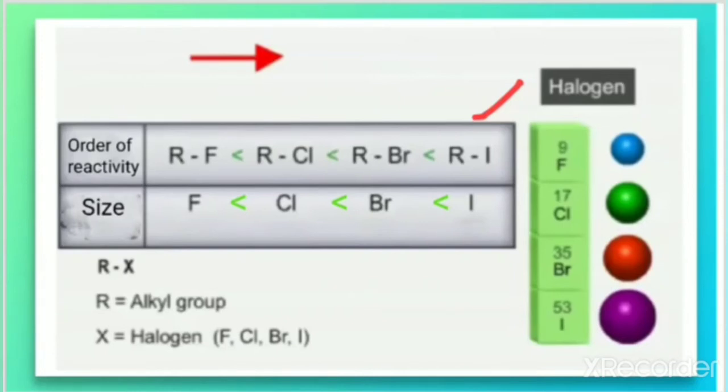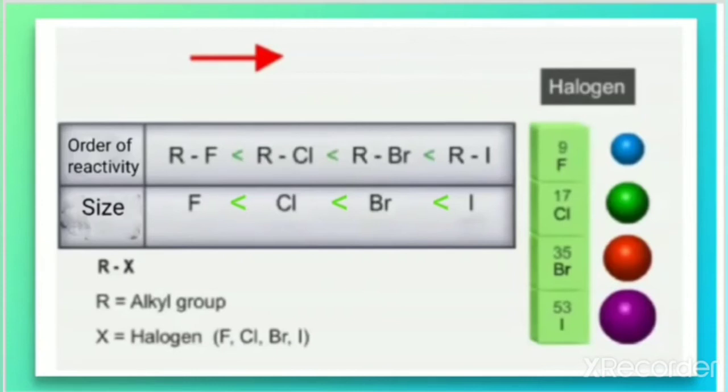On the other hand, fluoride ion is the poorest leaving group because of the smaller size. As we know that when the size is small, bond length will be smaller, difficult to break. Therefore, R-F is least reactive. So the reactivity depends upon the breakage of the C-X bond.